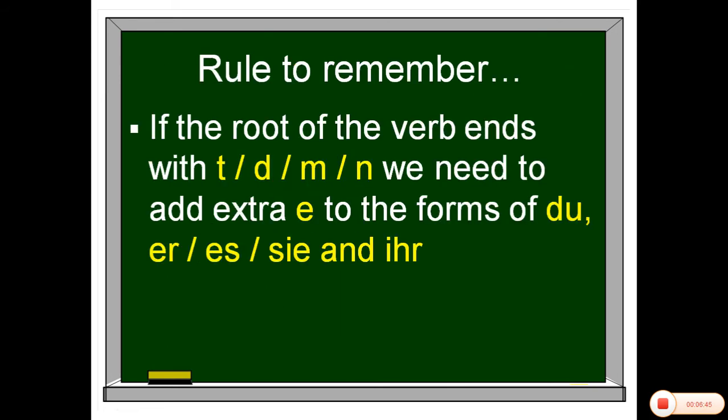If the root of the verb ends with T, D, M and N, we need to add an extra E to the du, er/sie/es and ihr forms.